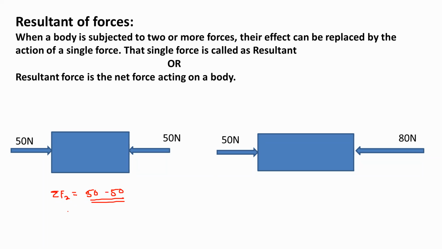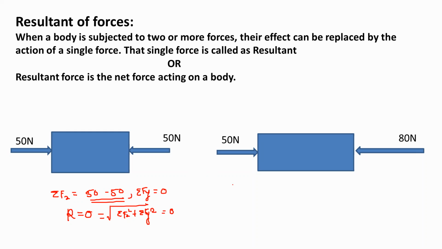So that means your R value is 0. There is no force acting in the y direction, so simply your summation Fy will become 0. And therefore, in the formula of R, we will get summation Fx square plus summation Fy square, this value will become 0.